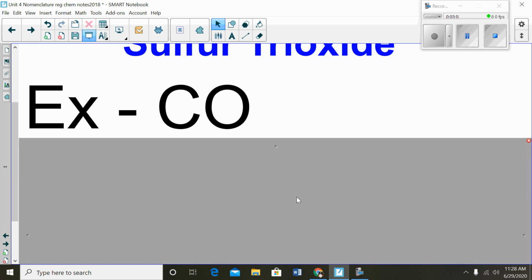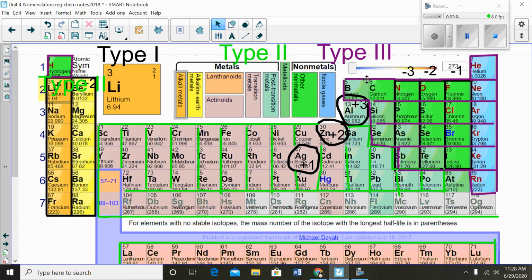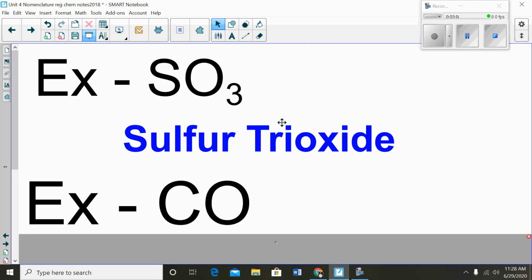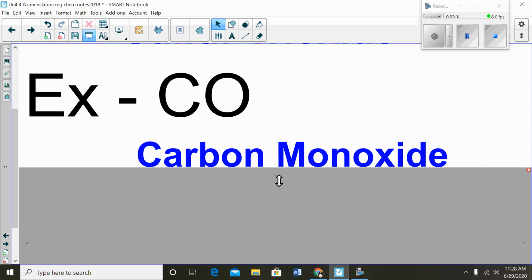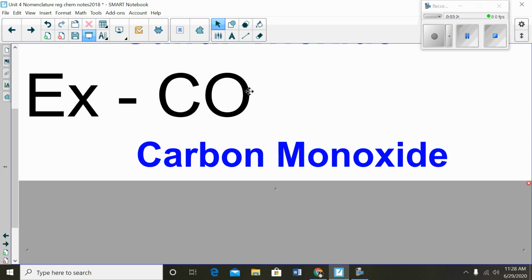Next one, CO. Carbon and oxygen are both in that type 3 section. So C is carbon, and there's no number with carbon. That's a 1, right? So you just leave it alone. It's not mono, it's just carbon. But we do need to indicate the mono for the oxygen.